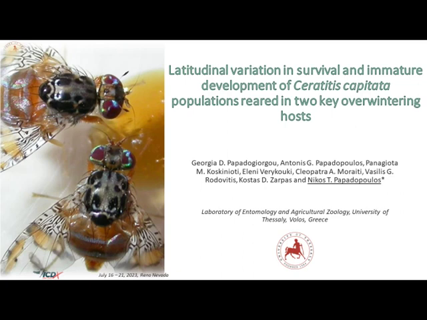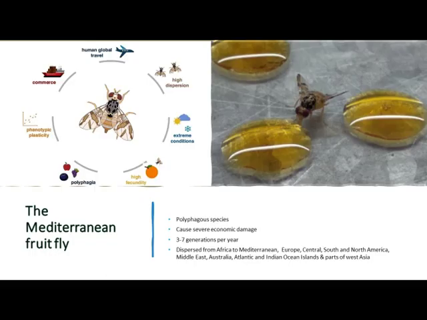It's not about many species or discoveries. It's about a species that we know very well. It's medfly, and it's about the invasion process of medfly. We all know that this is a really important species.